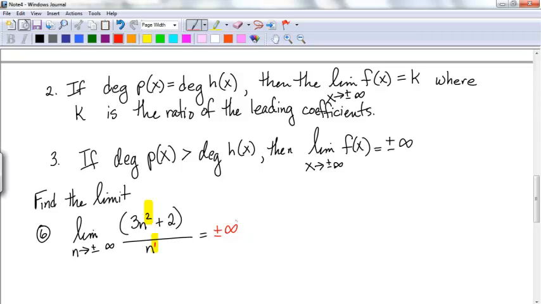So, let's graph it on the calculator. When you put that in on the calculator, you just have to change the n's to x. And you need to know to put parentheses around. So we'd have parentheses 3x squared plus 2, and then divide by x.